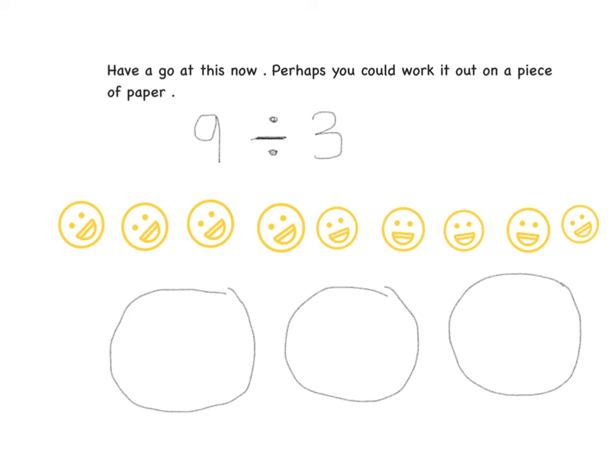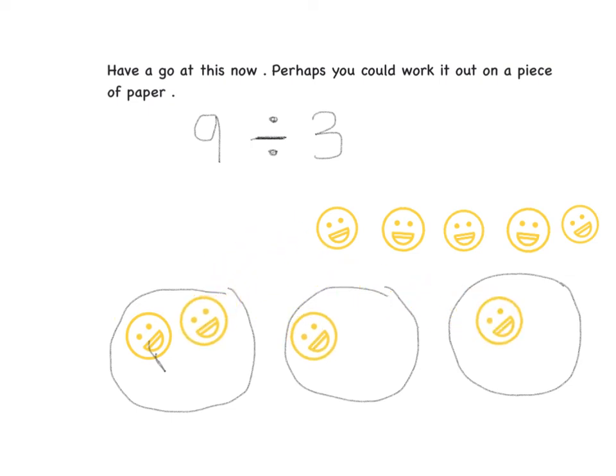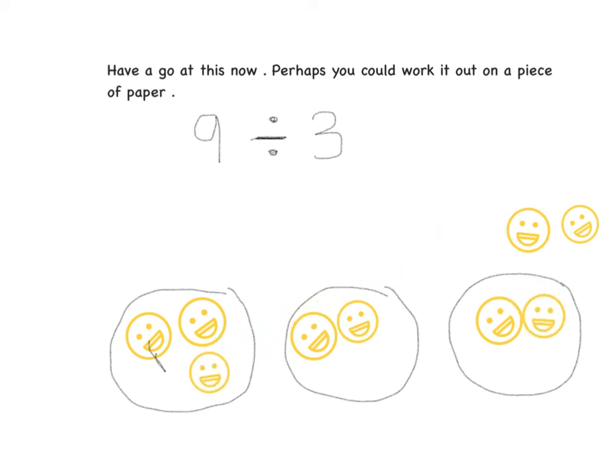Let's share those 9 smiley faces between our 3 groups. 1, 2, 3, 4, 5, 6, 7, 8, 9. So you can see that we've got 3 smiley faces in each group. So 9 divided by 3 equals 3.